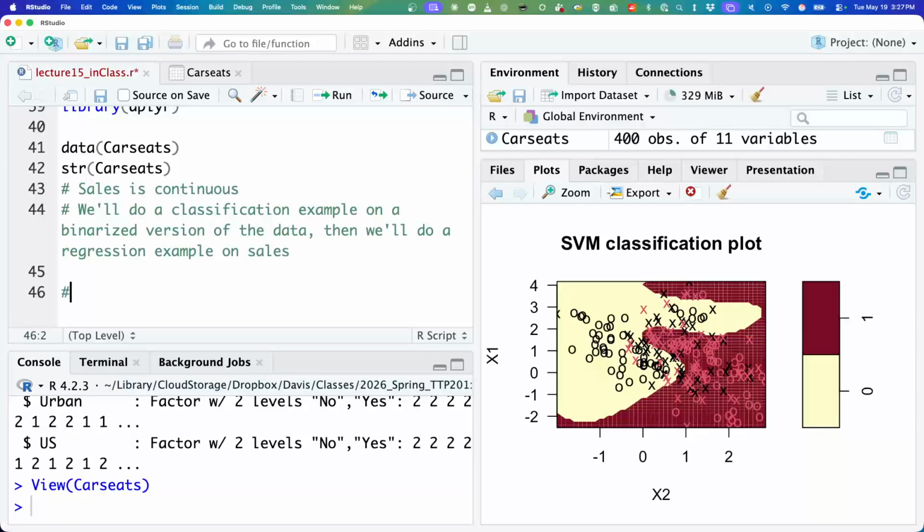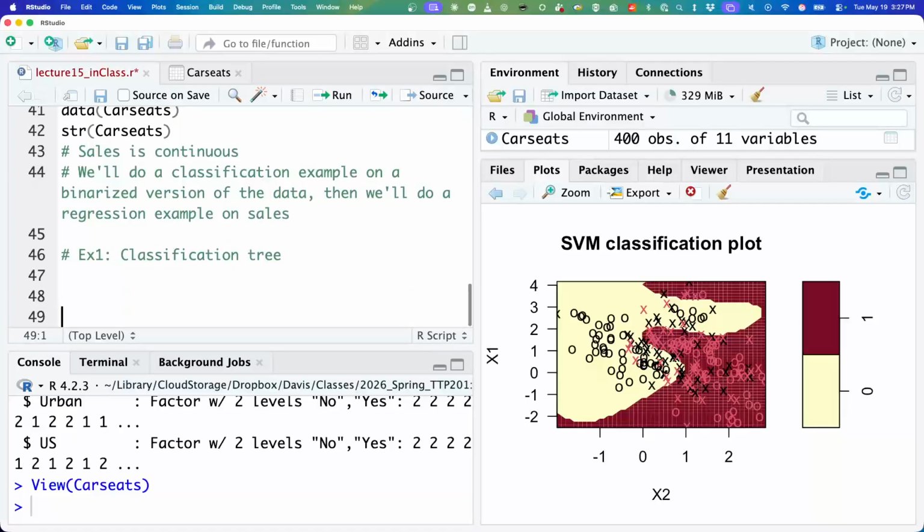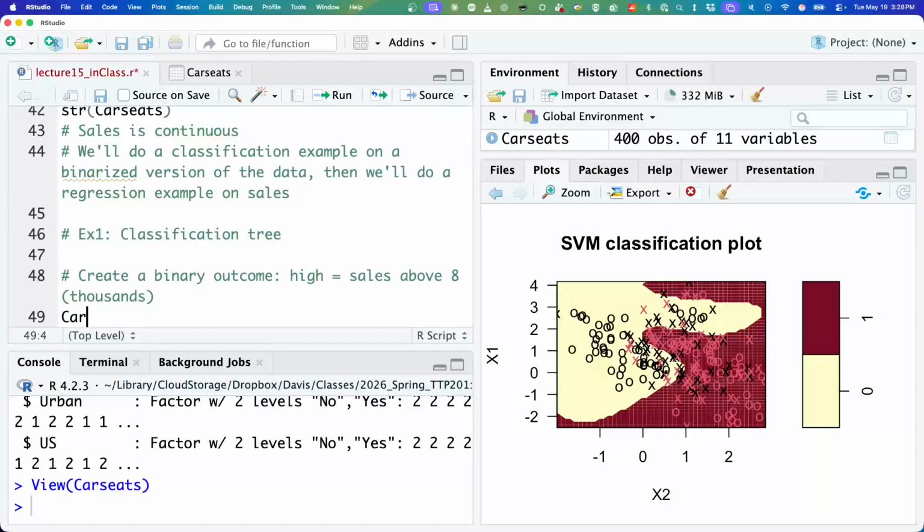Okay, so example 1 is going to be our classification tree example. A little bit artificial, but what we're going to do is create a binary outcome. So High is sales above 8. This is in thousands.